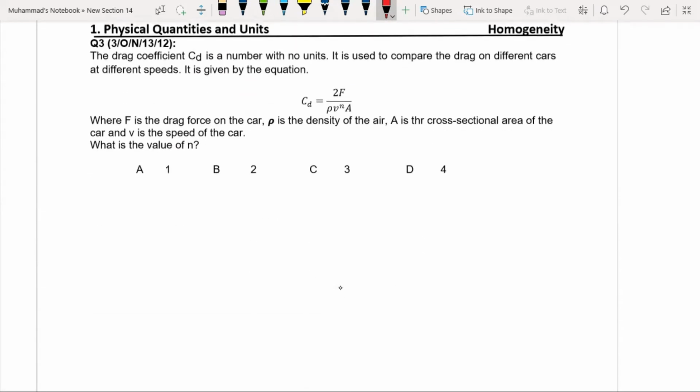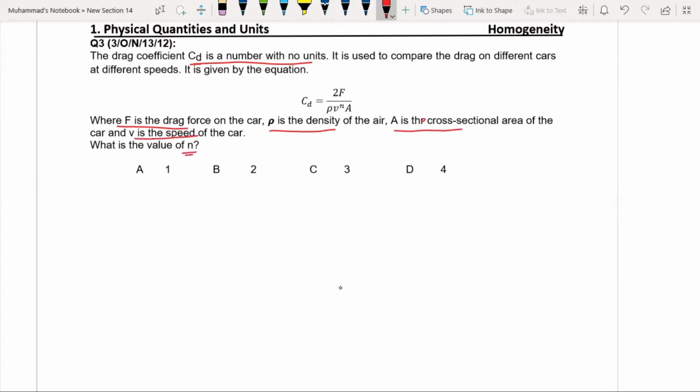Again, this is the very same type of question: the drag coefficient CD is a number with no unit. It is used to compare the drag on different cars at different speeds. It is given by this equation: drag coefficient is 2f by rho v power n times a. Here f is force, rho is density, a is the cross-sectional area, and v is speed.